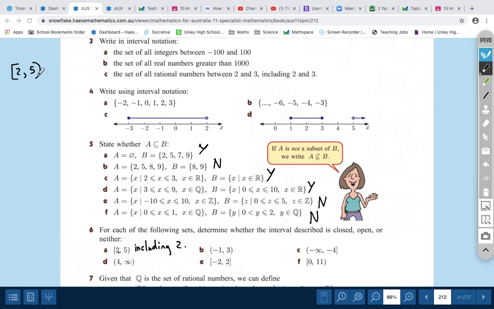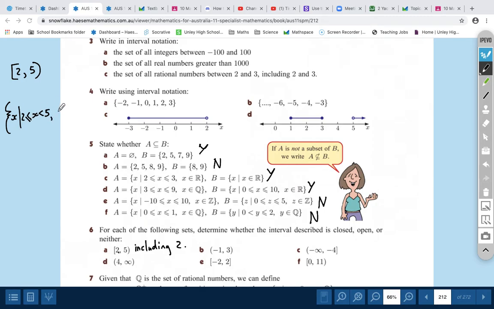So if I was to write this out using the regular set notation or interval notation, I could say I've got the set of elements, which I'm going to call x, such that x lies between 2 and 5. Now it includes the 2 but not the 5.